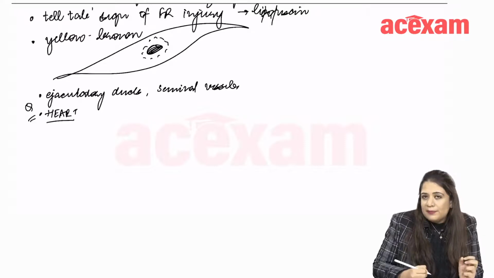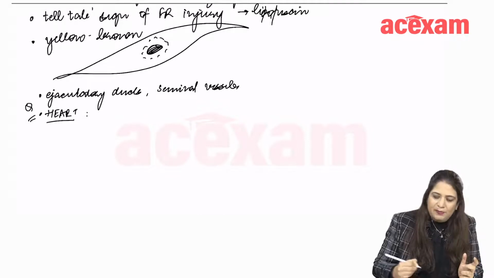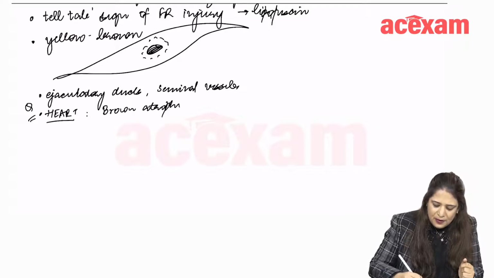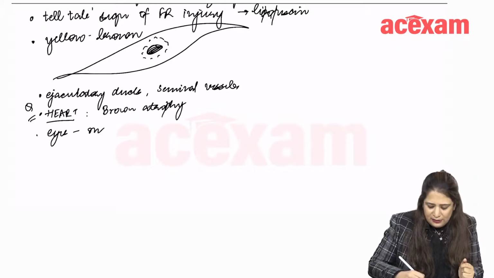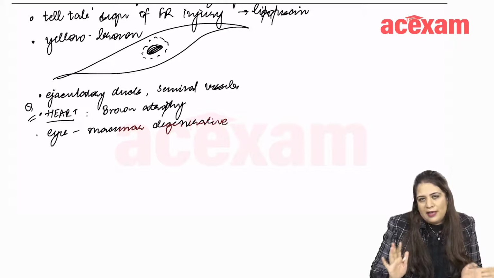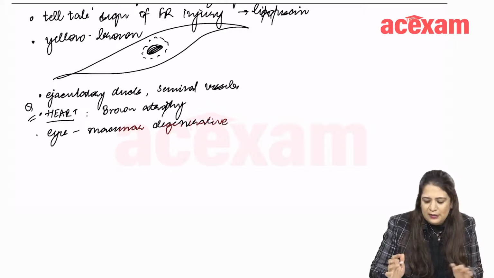There is a gross appearance due to deposition of this brown colored pigment, and that gross appearance is known as brown atrophy of heart. When this pigment deposits in eyes, it can lead to macular degeneration as well. And certain even neurodegenerative disorders are associated with lipofuscin. We won't go into that detail.